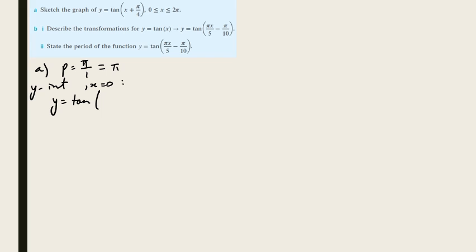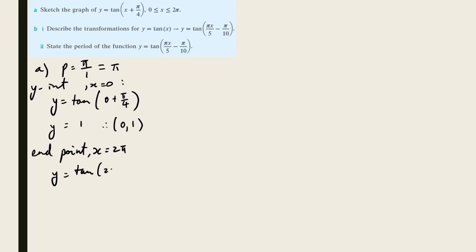Alright, so y-intercept when x is equal to 0, so put in 0. y equals tan of pi over 4, which is equal to 1. So we actually start at (0, 1). Then now we find the endpoint, which is at 2 pi. Two pi is just one cycle. In other words, we've just gone back to our starting point, so it's still at a 1. So just keep in mind that's where we're going to end it.